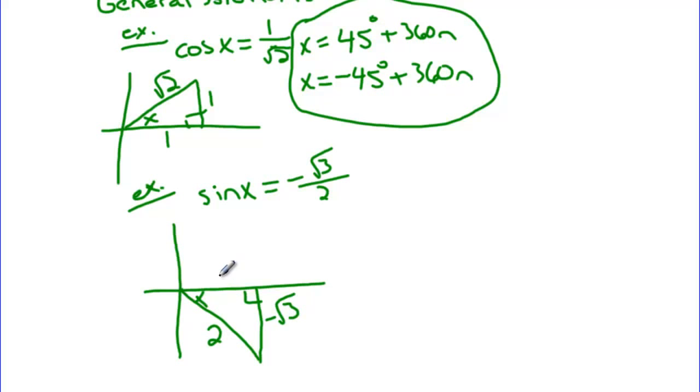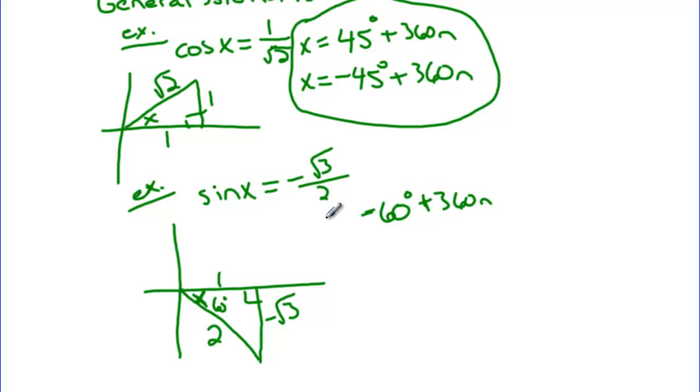The adjacent side would be a 1, and so my reference angle here is 60 degrees, because it's across from the square root of 3. And now I need to look and see what this angle of rotation is. That angle of rotation is negative 60. And then we're going to do plus 360 in to get all of those multiples.